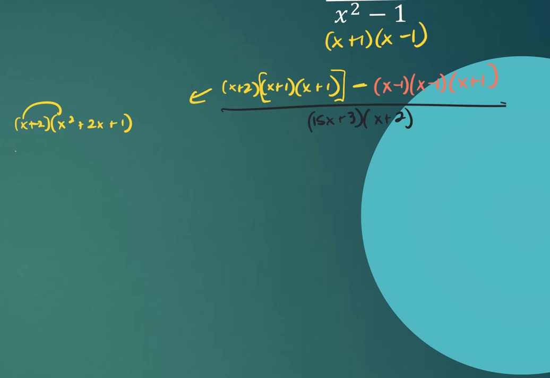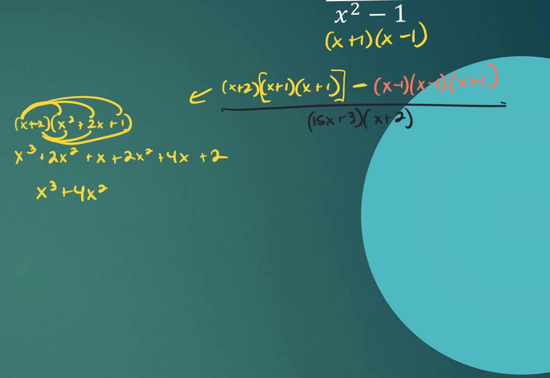And then I FOIL this, x to the third plus 2x squared plus x, 2x squared, 4x, 2. So I get x to the third plus 4x squared plus 5x plus 2. Now it's going to take the place of that one.